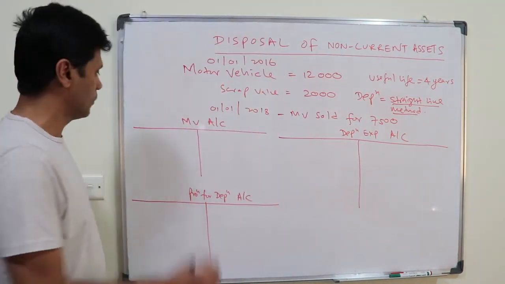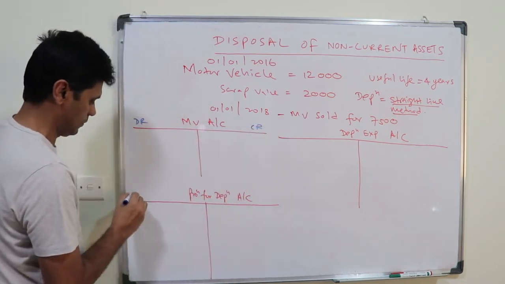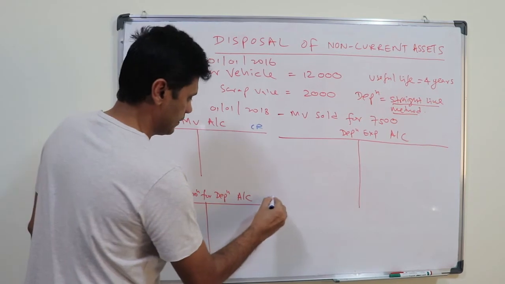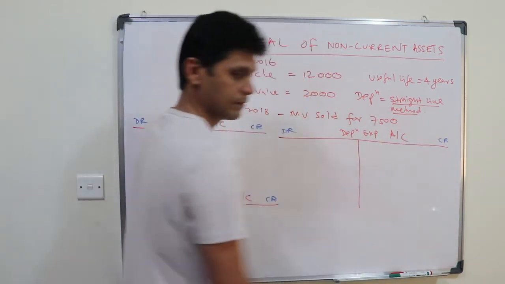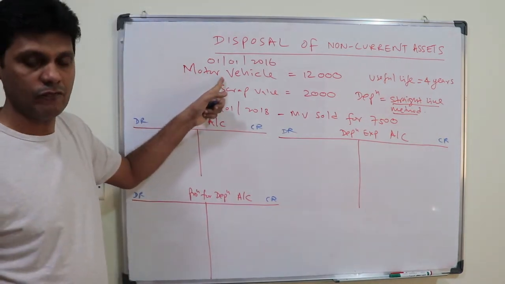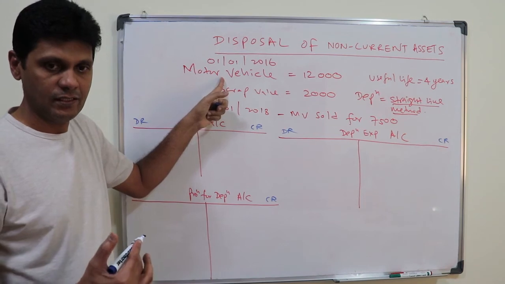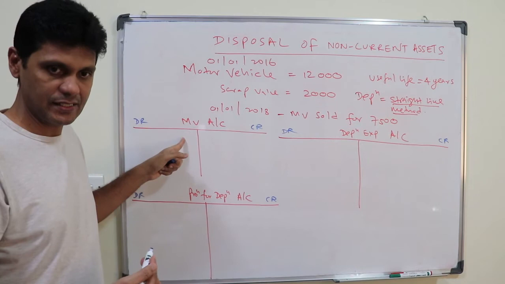Okay. So debit side, credit side, debit side, credit side. Okay, so first of all you record the purchase. When you purchase the asset, you credit your bank account and debit your asset account.